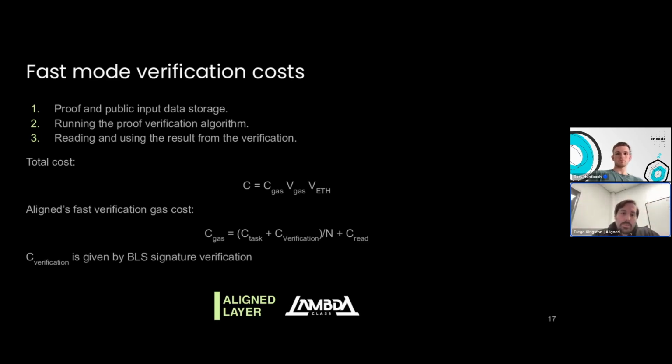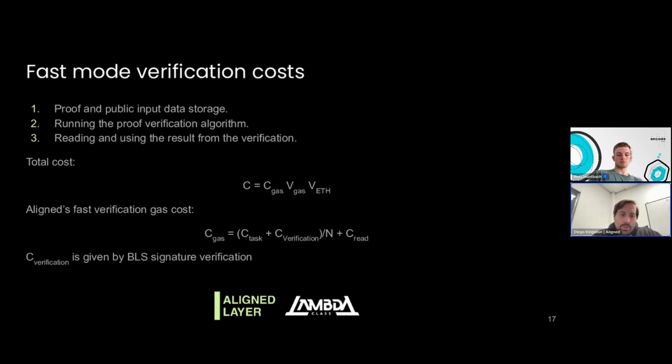So in Ethereum, in general, we care about the cost in USD, but it's simply the gas cost times the value of the gas, typically expressed in gwei per gas, and then we have to transform that to US dollars by the price of Ethereum in USD.